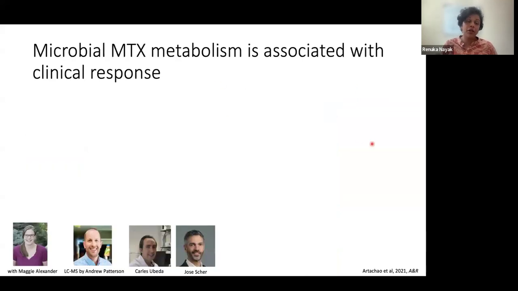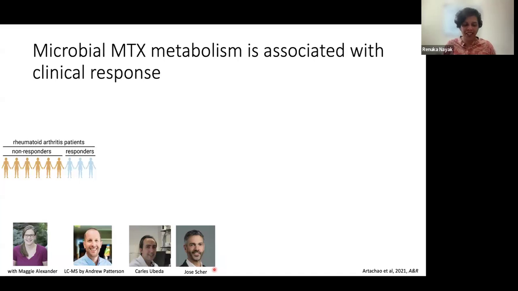So that was in vitro, and that was really one of the first experiments that I did that was super exciting. It immediately led me to ask what happens in patients. And so for this, I collaborated with Jose Scher, who had been collecting stool samples from RA patients for a lot longer than I had at that time, and working with Andrew Patterson, who had access to advanced analytical chemistry platforms like LCMS, which allows us to actually determine which metabolites are being produced.